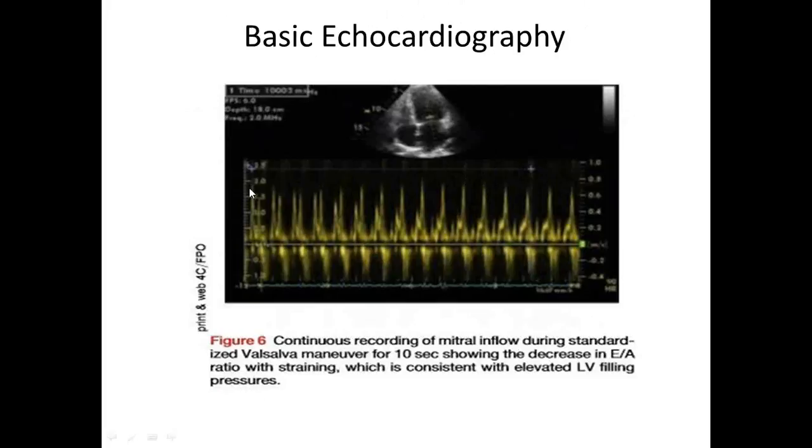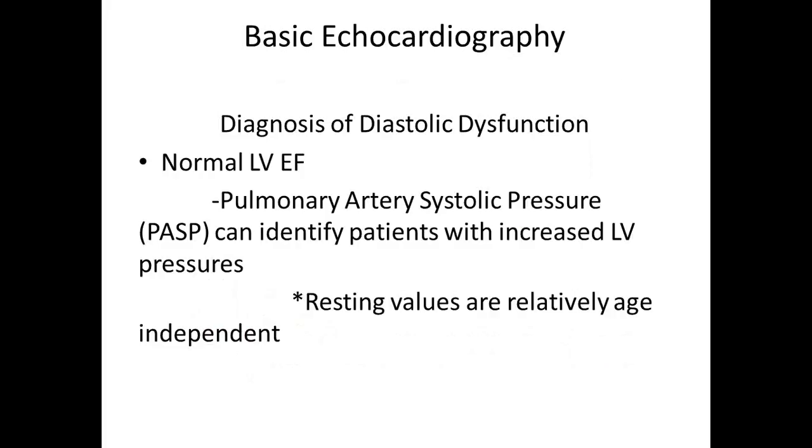Okay, so it's going to be a continuous recording. You see it starts out with a pseudonormal pattern, you start the Valsalva maneuver, and you can see there's a gradual decrease in the E, which is consistent with elevated filling pressures. All right.